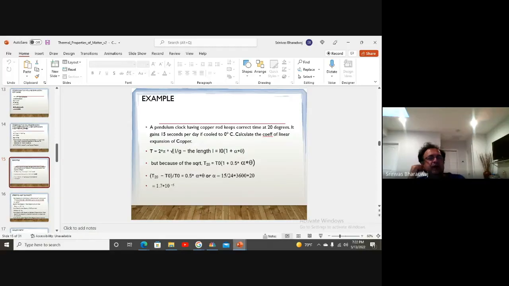And therefore you end up with the L to the power of half going into the denominator. Okay, and so that times dL by dt, or dt by dL, right?